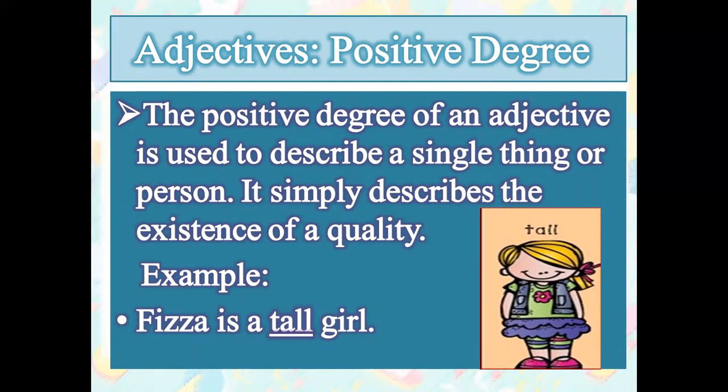Here we can see that the positive degree of an adjective is used to describe a single thing or person, and it simply describes the existence of a quality. Now the example says, Fiza is a tall girl. So tall is the adjective and it is the positive degree of an adjective, right?